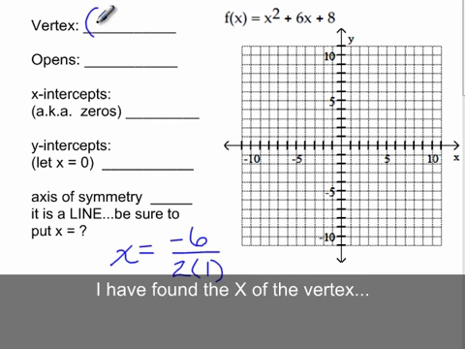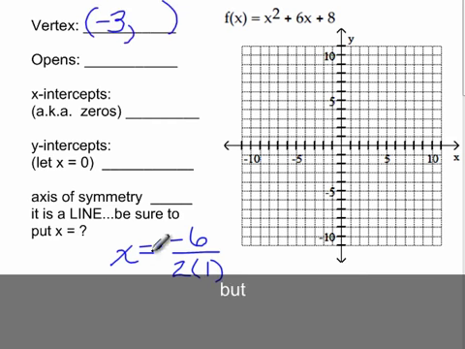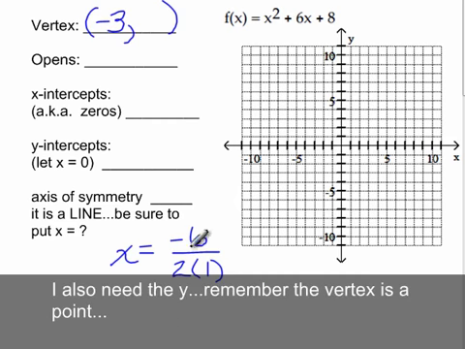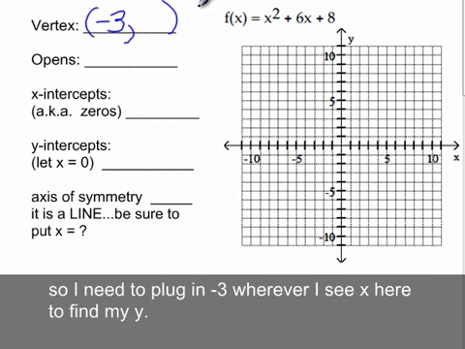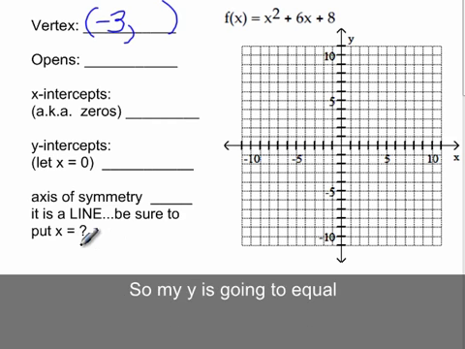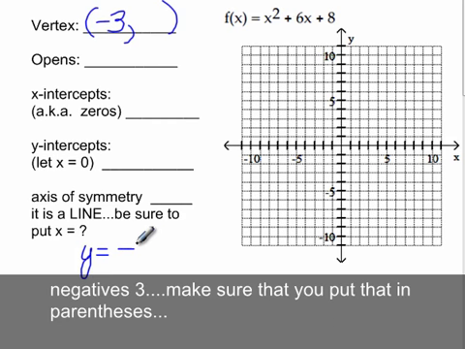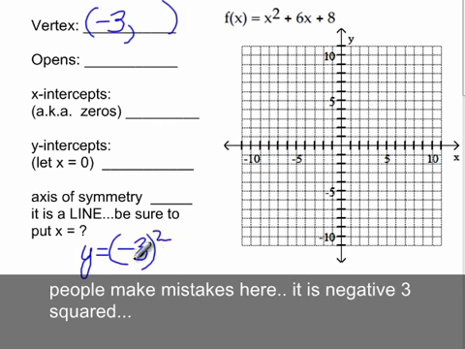I have found the x of the vertex, but I also need the y. Remember, the vertex is a point. So I need to plug in negative 3 wherever I see x here to find my y. So my y is going to equal negative 3. Make sure you put that in parentheses. People make mistakes here.